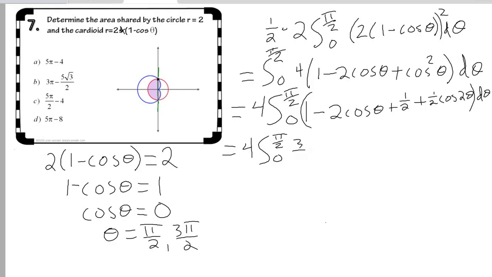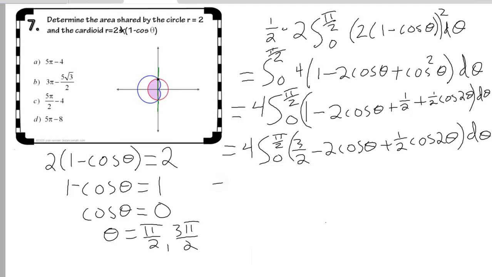This becomes a 3/2. And then it's just another u-sub.